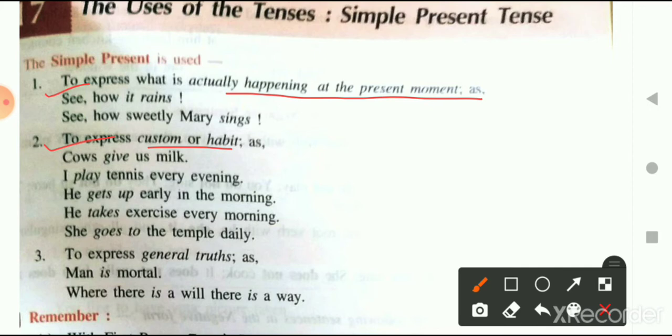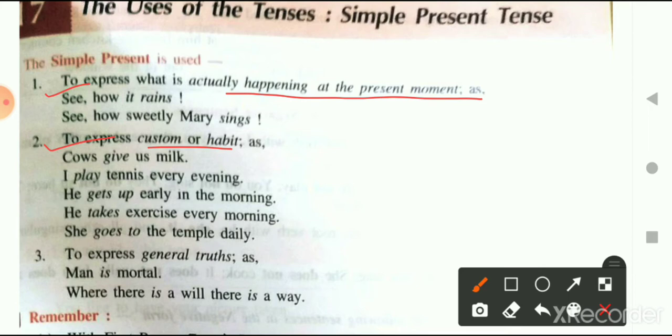At that moment the habit is still there. Similarly, a custom means a tradition which is happening for a very long time. So if you are expressing these two types of things, then you can take it as simple present.